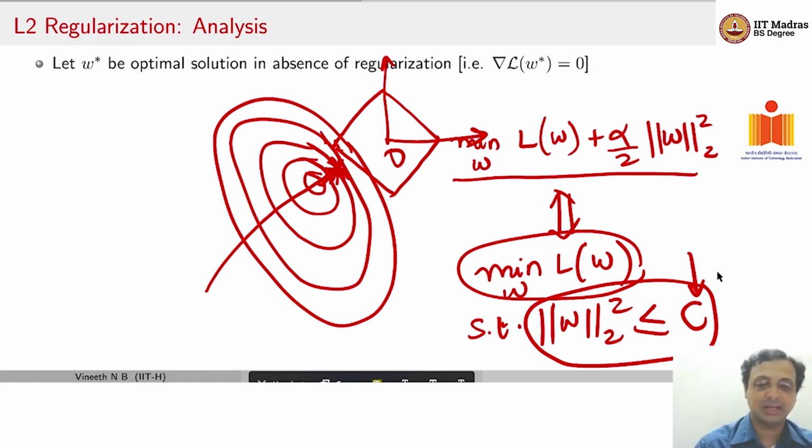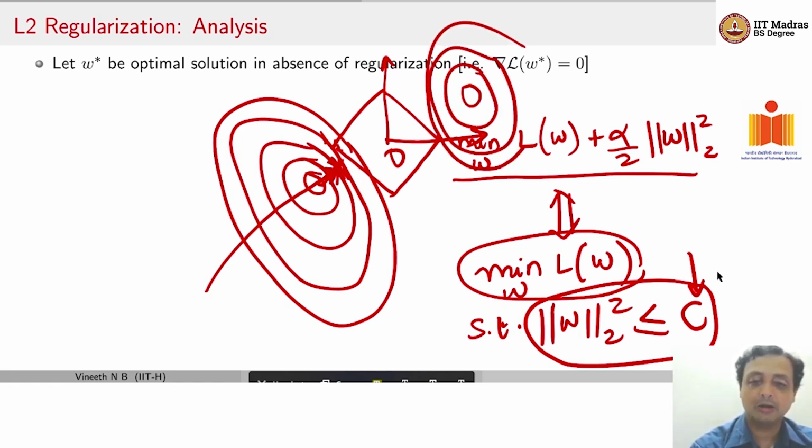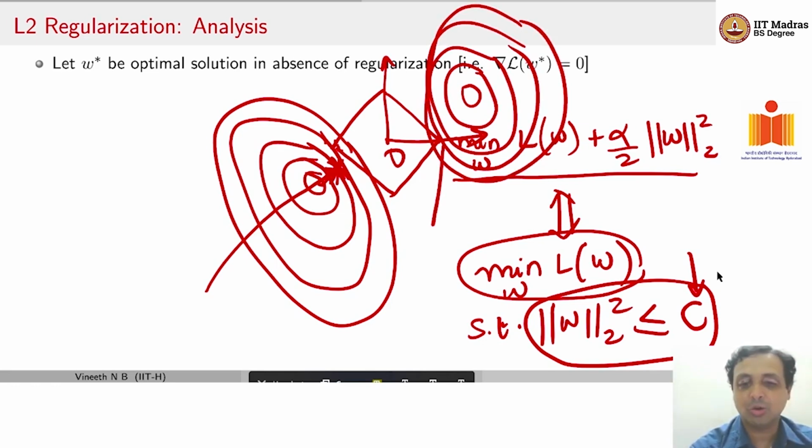You can probably see this in a slightly different way too. Let's try to draw the error surface elsewhere just to make our point clear. So we want to find the intersection of the error surface and the 1 norm ball, and the intersection will typically happen at one of these corners. And what happens at one of these corners in the L1 norm ball?